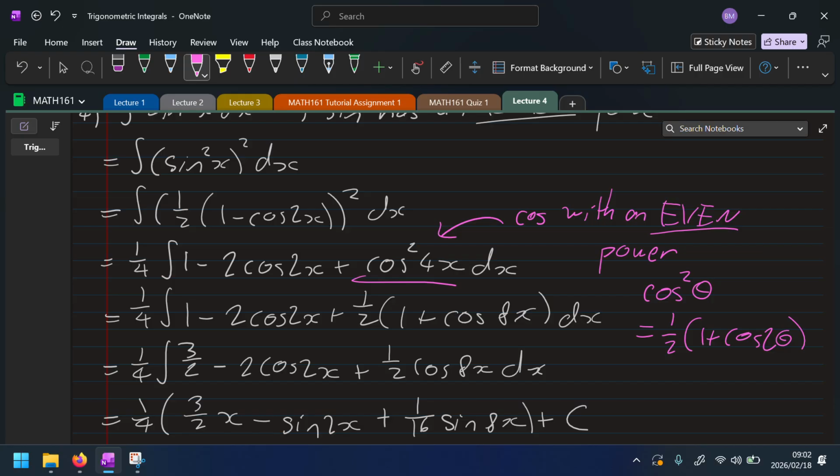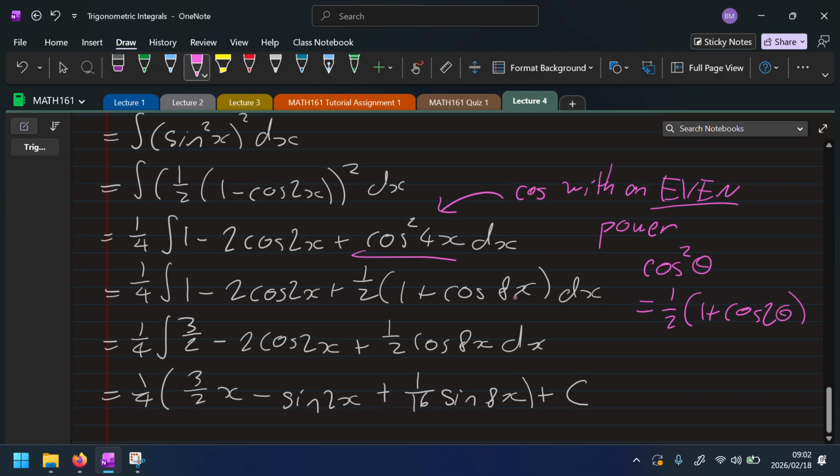So in the previous line in the pink there, we have 4x. So we double that and we get 8. So the cos squared 4x becomes 1/2 1 plus cos 2 times 4x. We get 8. So this 8 here is this doubling we got there. Anything else before we move on?